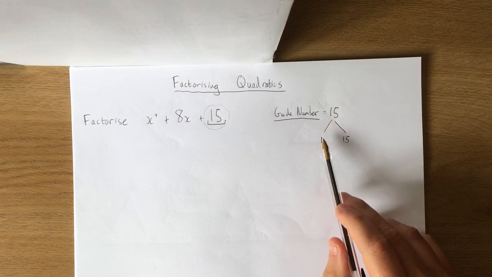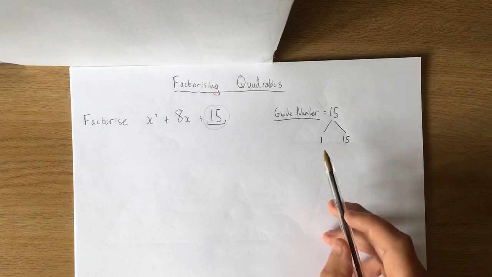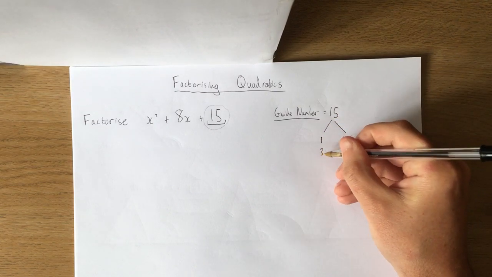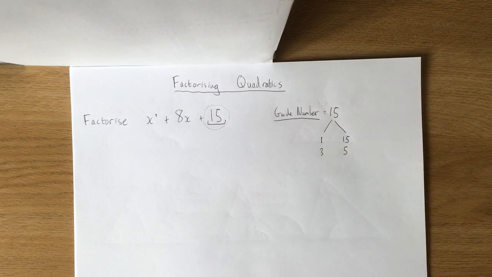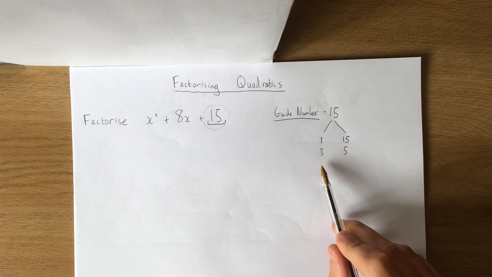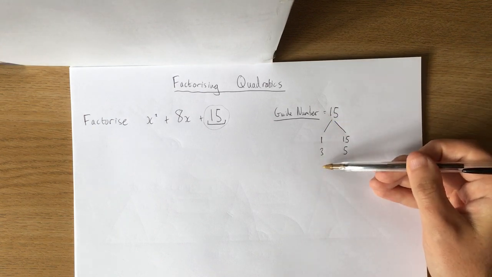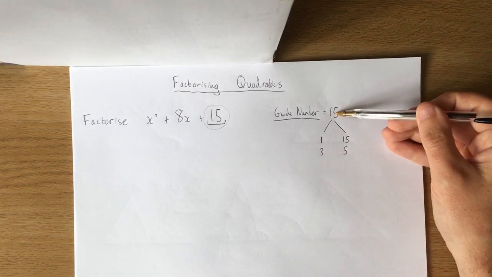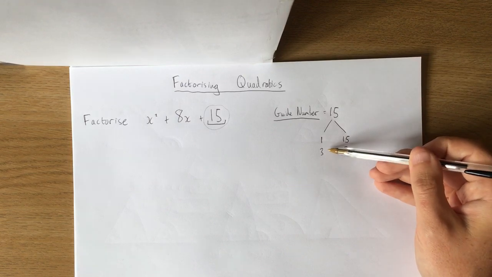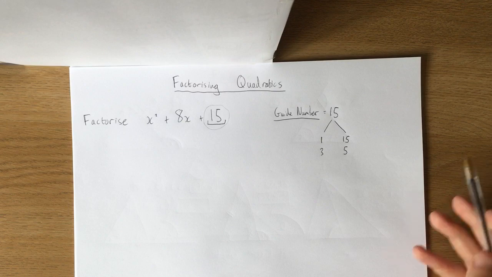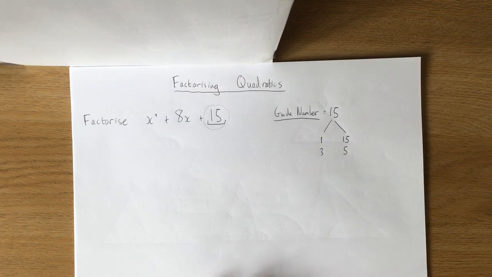No, 2 goes into 15 7.5 times, so I'm only looking for whole number factors here. Does 3 go into 15? Yes, so 3 and 5 are factors of 15. Does 4 go into 15? No, not evenly. Does 5 go into 15? Yes, it goes in 3 times. But once I get a pair of factors that repeats like that, I can stop. So there's all the pairs of factors of 15.